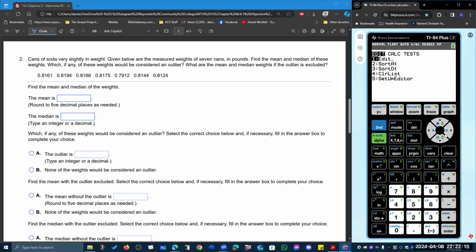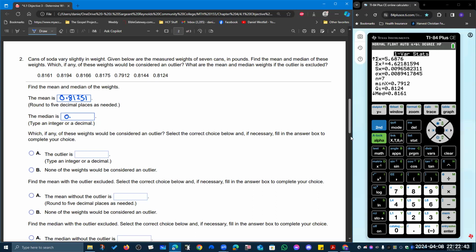Stat calc, one variable statistics on L1. Our mean, to 5 decimal places, is 0.81251, and the median is 0.8161.